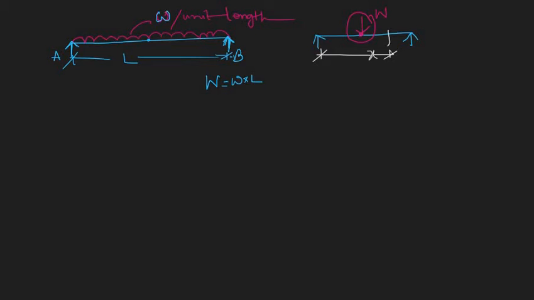Now first we will find the equation for bending moment and shear force at any section at a distance of x from A. Before that, we have to find the reactions, which you can find from symmetry or from the static equations, ΣFx equals 0 and ΣFy equals 0. So reaction Ra and reaction Rb are both equal to wL by 2, because the total load is wL, and from symmetry you can find the reactions.